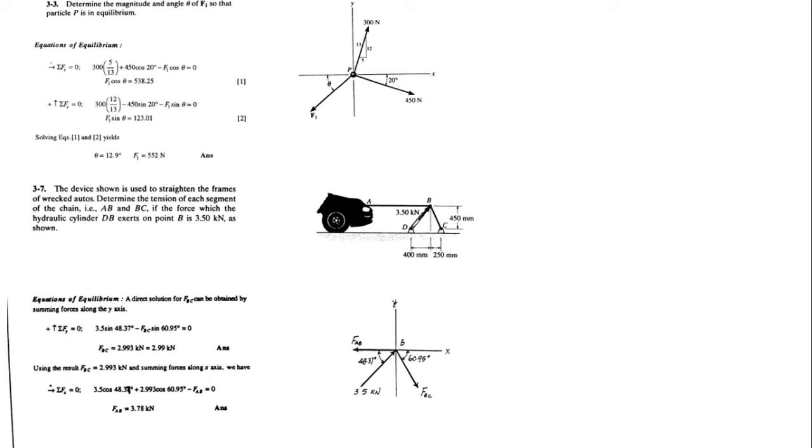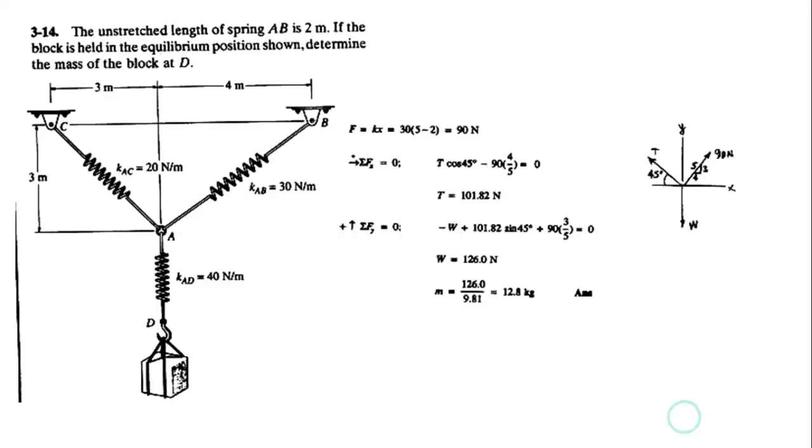So you have got three forces, two are already known, and the unknown force is the force AB, which comes out to be 3.78 kilonewton. So you have solved this numerical in a similar way as above, applying equations of equilibrium to this particle.